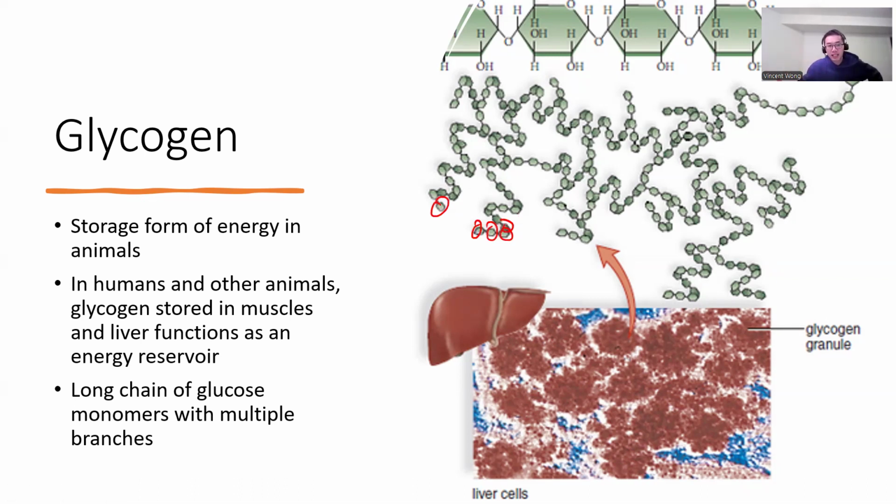If you're fasting, then you will use your glycogen reserve, slowly burn it away. So three kinds of polysaccharides: cellulose to form the fibers in plants, starch for the plants to store their sugar, glycogen for us, for animals, for humans to store our glucose.